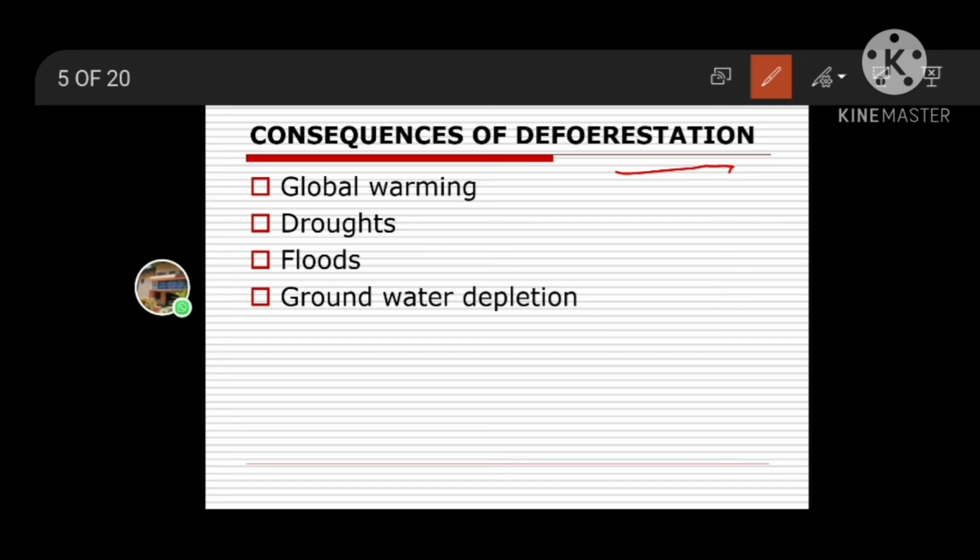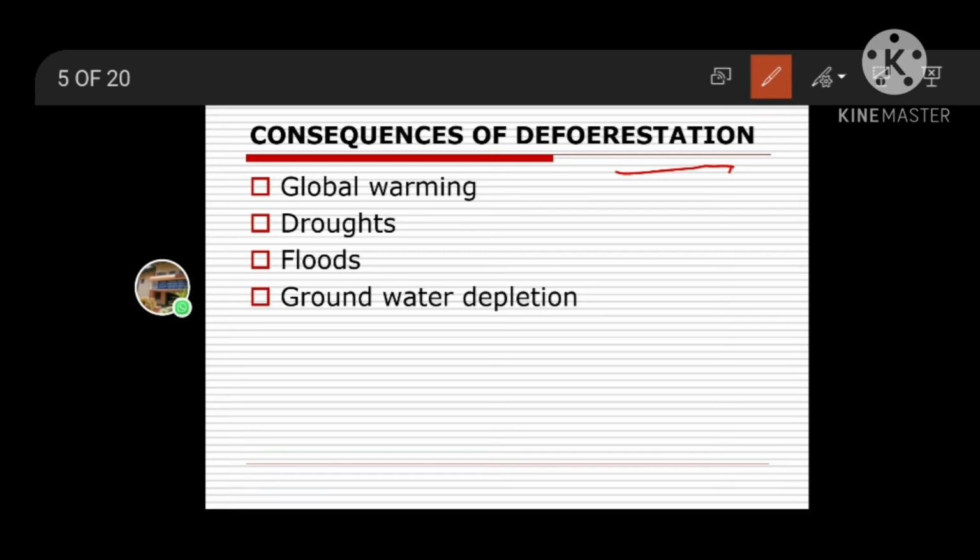So whenever there is deforestation, there will be increase in the carbon dioxide in the atmosphere because there are no plants. If no plants, the carbon dioxide utilization by the plants will not take place. Ultimately, carbon dioxide in the atmosphere will increase.